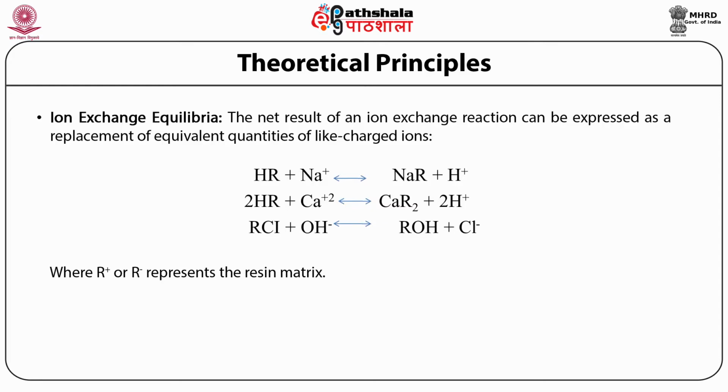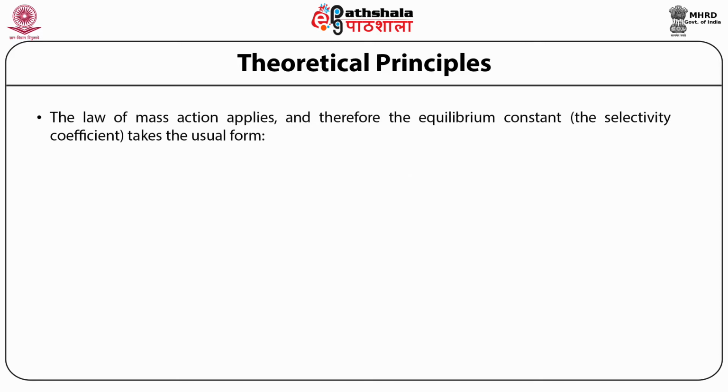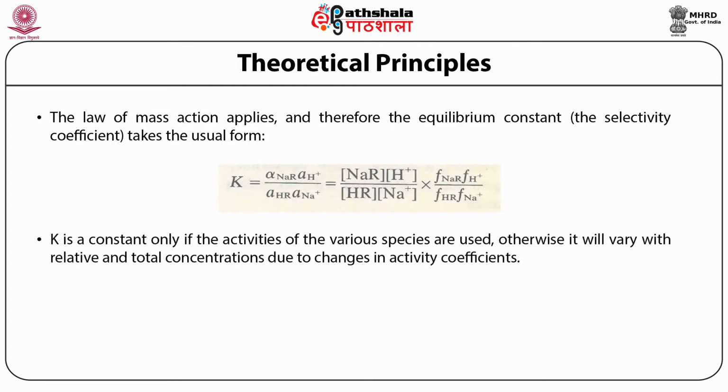A complex resin matrix has been represented by R or R dash. The law of mass action, and therefore the equilibrium constant or the selectivity coefficient, takes the usual form as shown in the following equation, where K is a constant only if the activities of the various species are used.